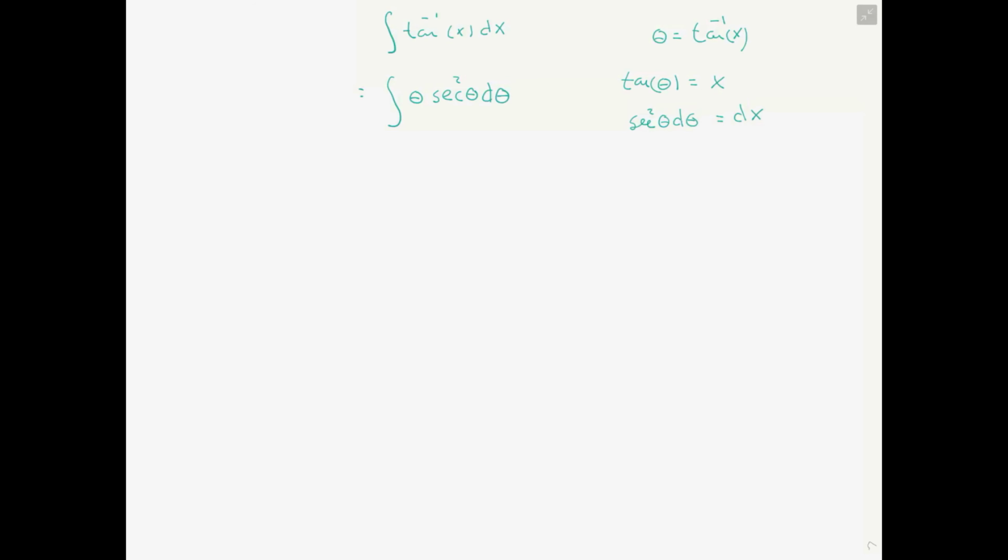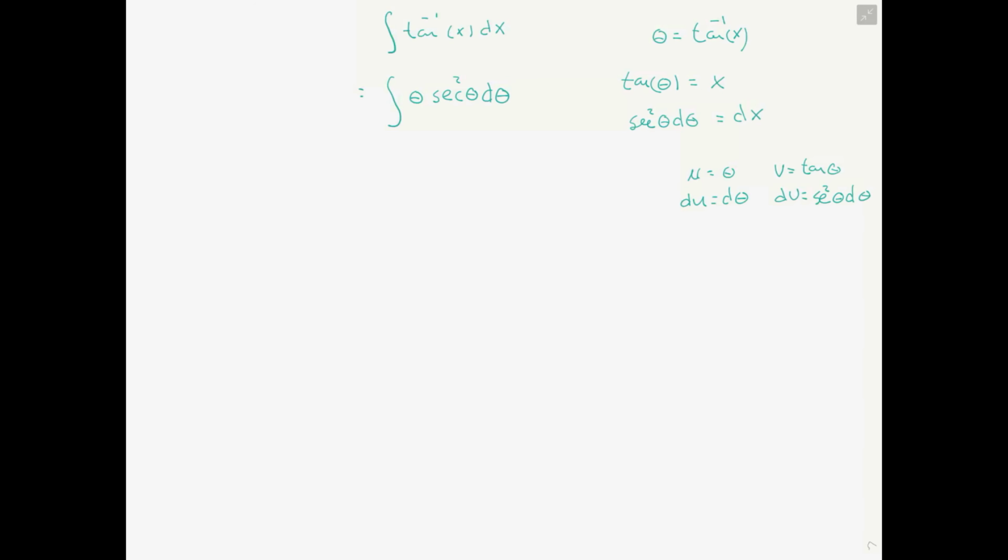So what we're going to do here is we're going to say u equals theta, du equals d theta, and v equals tangent theta, and dv equals secant squared theta d theta.